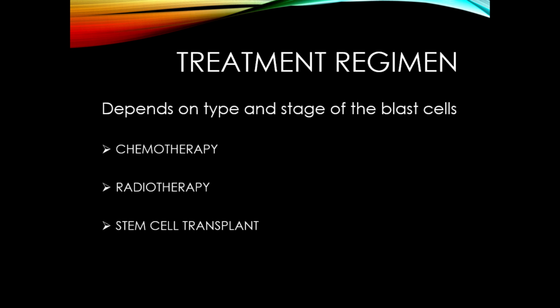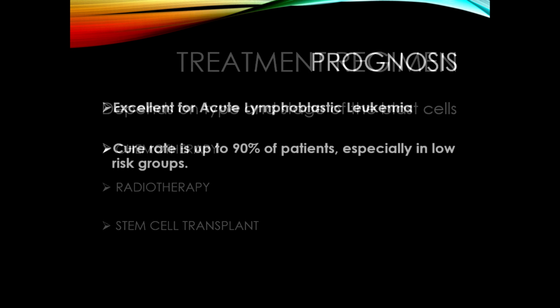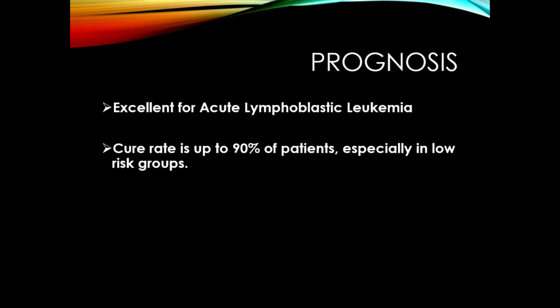The treatment regimen depends on the type and the stage of the blast cell, and it is mainly chemotherapy, radiotherapy, or stem cell transplant, and I'm not going into the details of chemotherapy or these treatment modalities. The prognosis is excellent for acute lymphoblastic leukemia, and there is a cure rate of up to 90% of the patients, especially the low-risk groups.